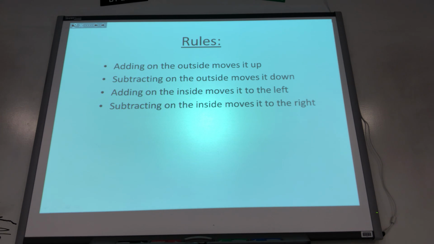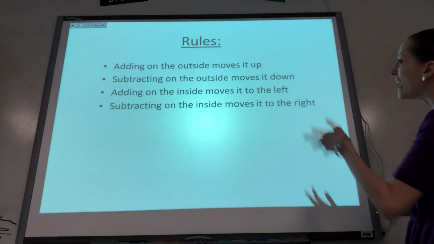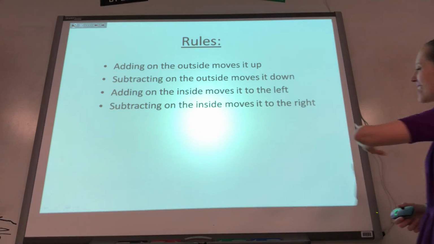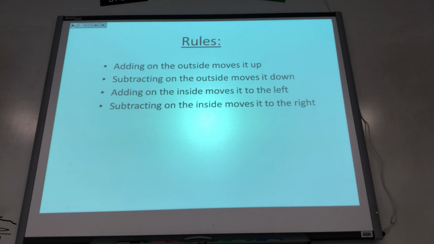They are in your notes, but we got to remember adding on the outside of a function moves it up, subtracting on the outside moves it down. The outside stuff, those usually make sense. When you do it on the inside, it's always backwards from what it seems like it should be. Adding on the inside moves it to the left, and subtracting on the inside moves it to the right.